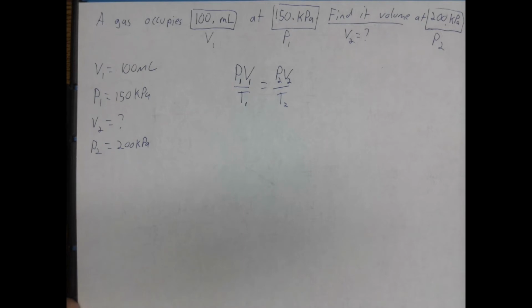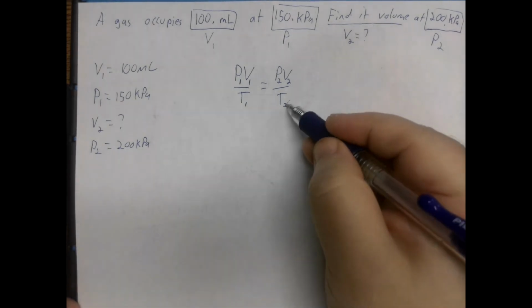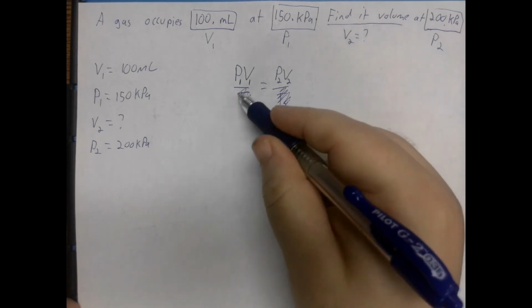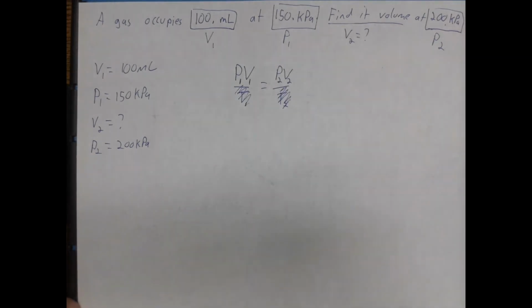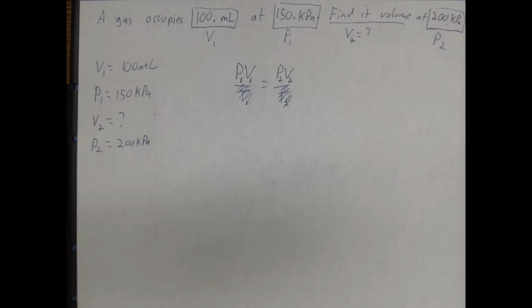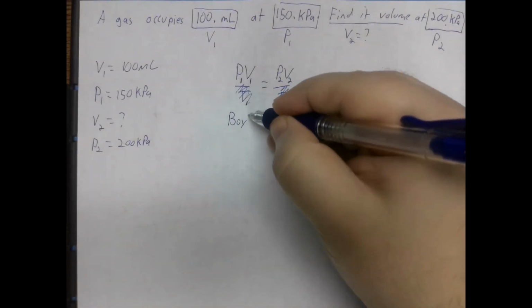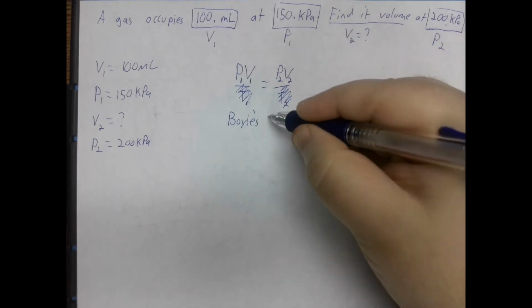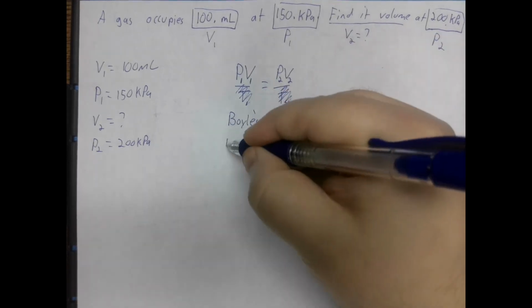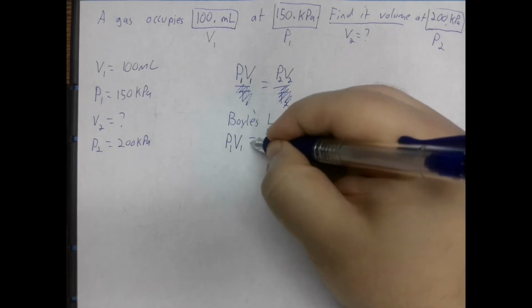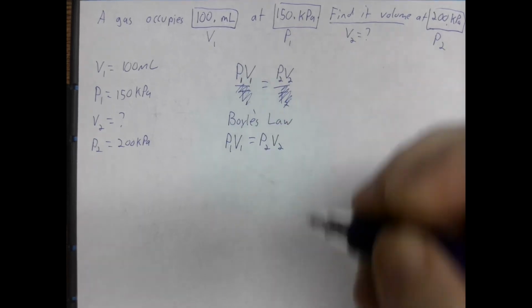We're not given temperature, so we can assume temperature is constant. So we can remove that. This makes us have Boyle's law. So this is Boyle's law. P1 V1 is equal to P2 V2.